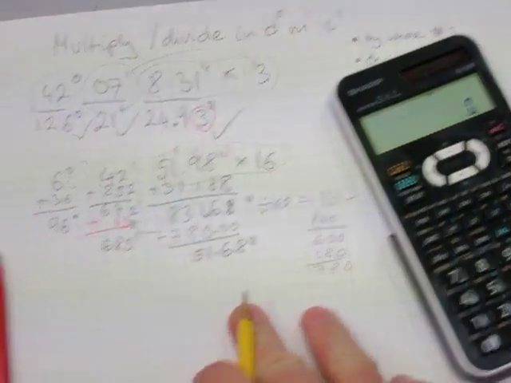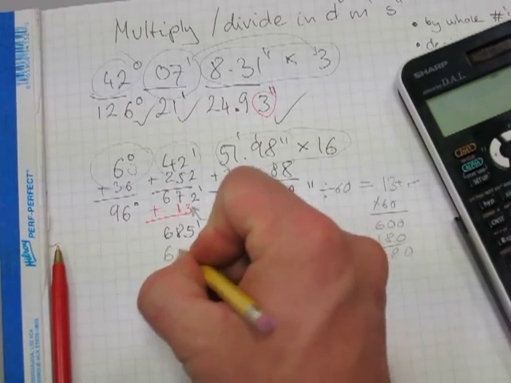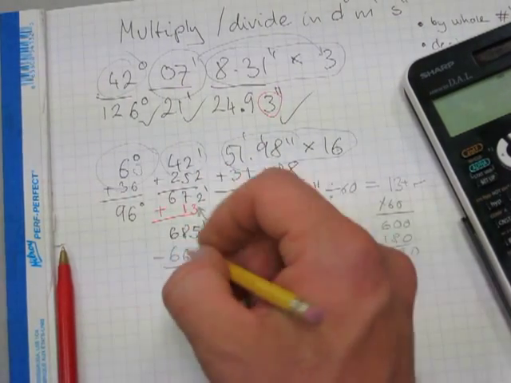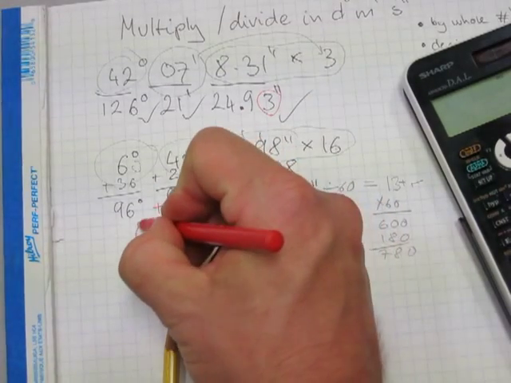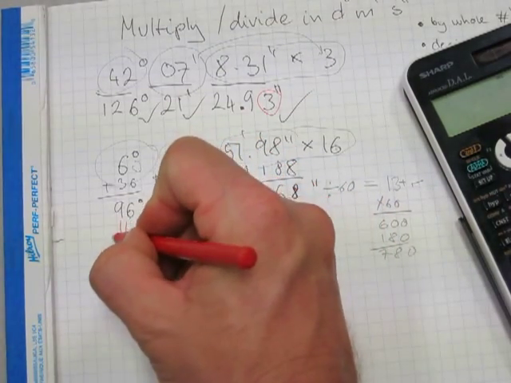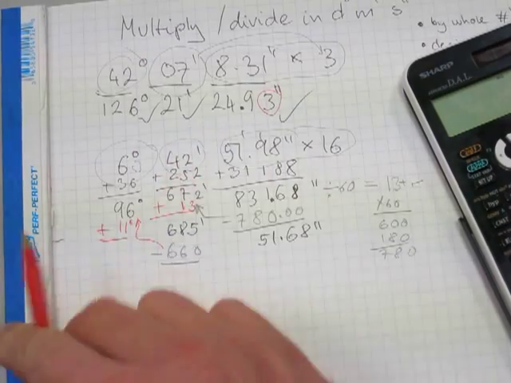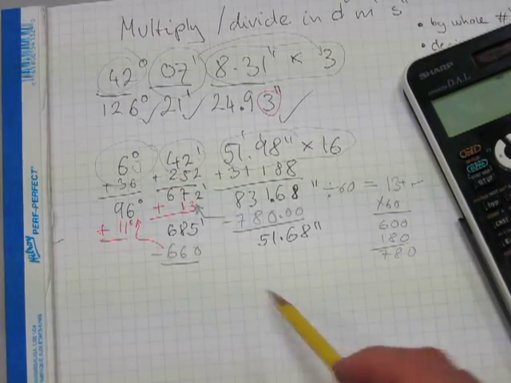So we can take away from this amount 660 minutes, and that 660 minutes will trade up here as 11 degrees. That gets added to the 96 degrees.